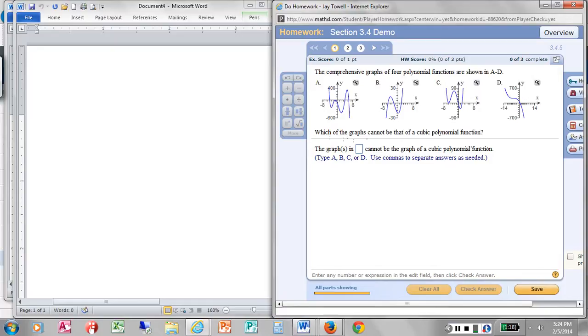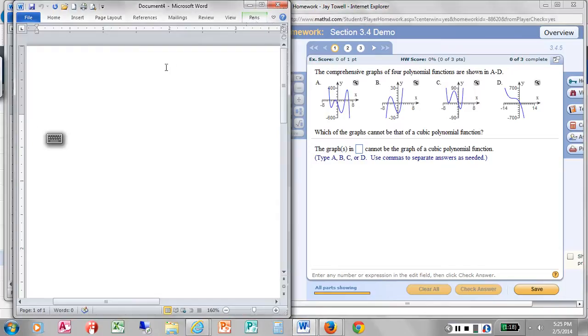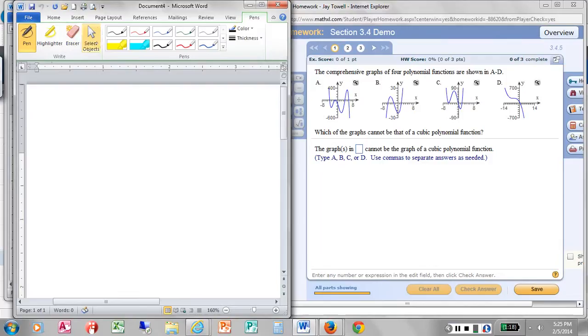Well, we've already discussed, we know that polynomial functions will have graphs where one end is up and the other end is down.